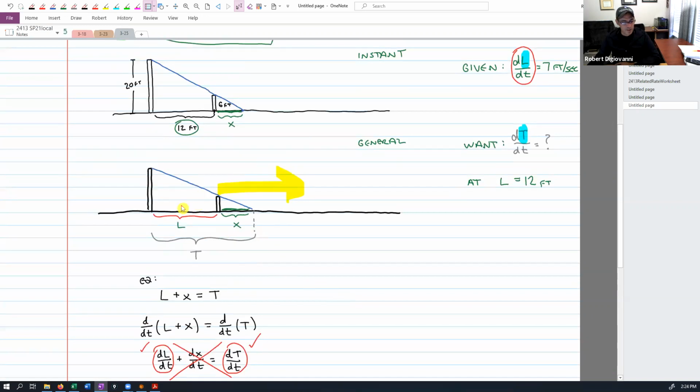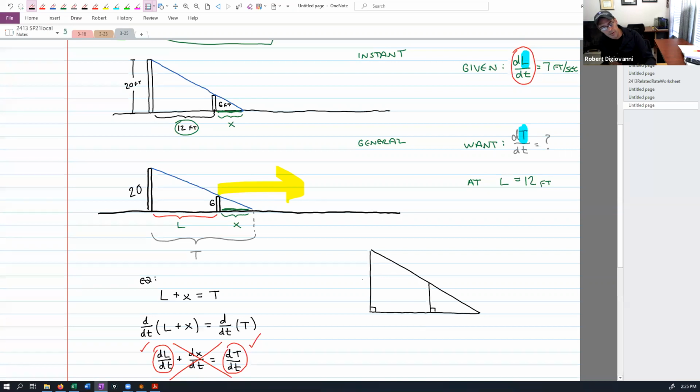Let me go back up to the general picture. We still need to find an equation. I'm going to label this 20 because that was 20. I'm going to label this 6. So if we look at this from a slightly different perspective, we have what Danielle was referring to here.